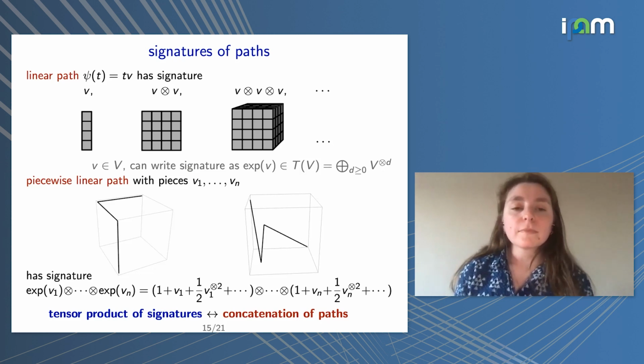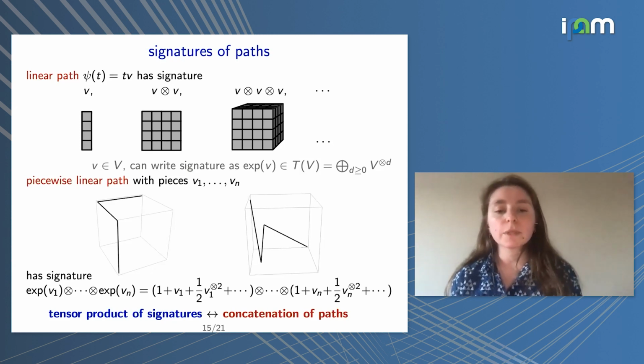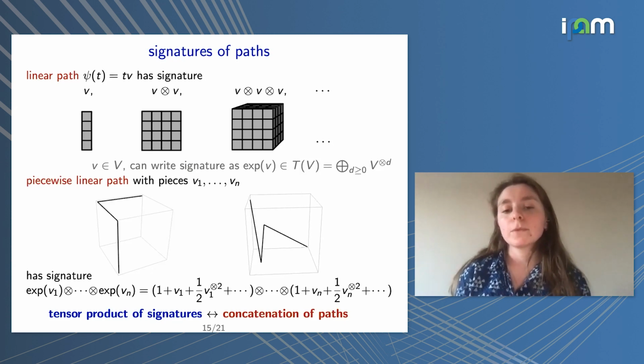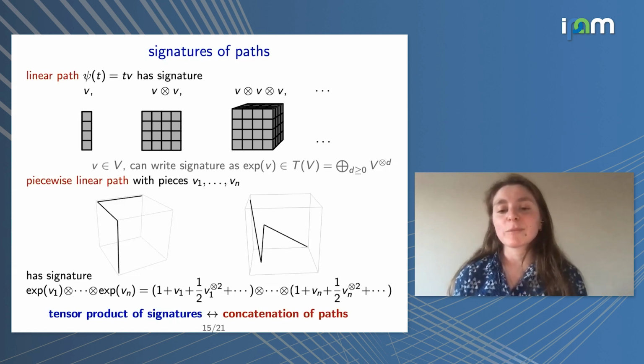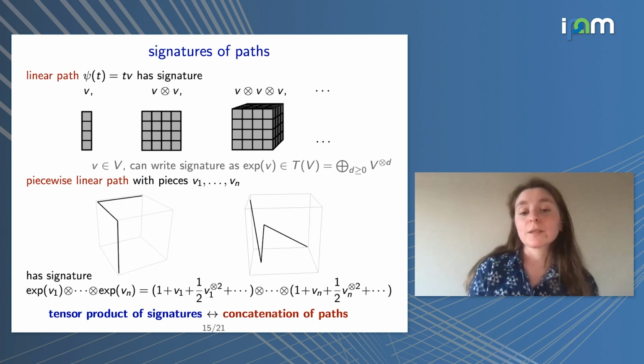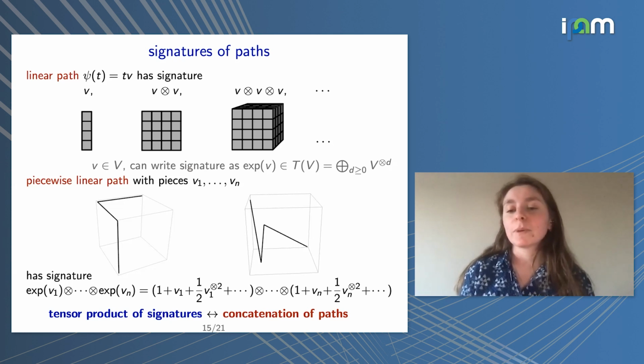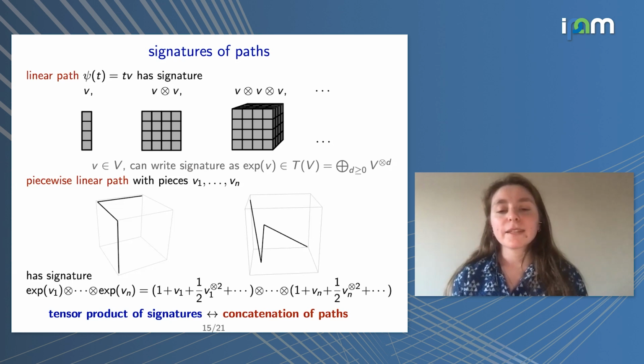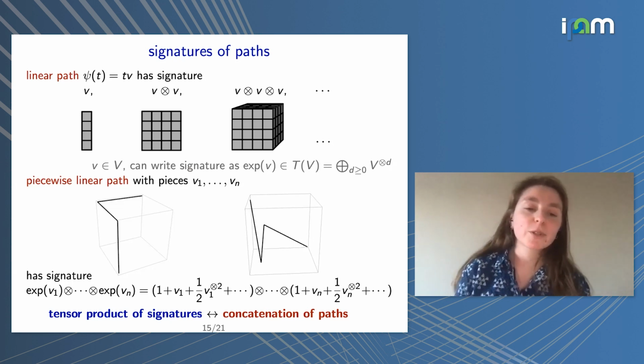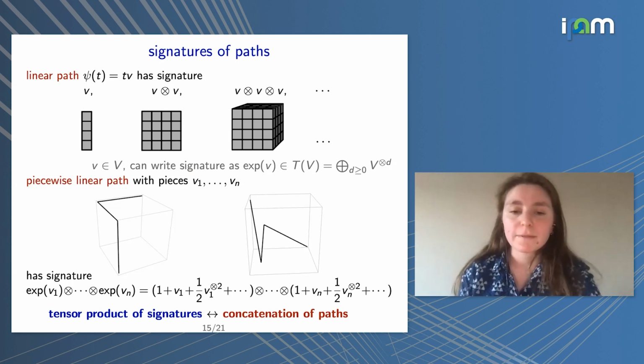We can see this here for the piecewise linear setting, but it also holds more generally, that concatenating paths corresponds to taking the tensor product of their signatures. So it's this nice algebra-compatible way to encode paths where concatenation corresponds to taking tensor products.